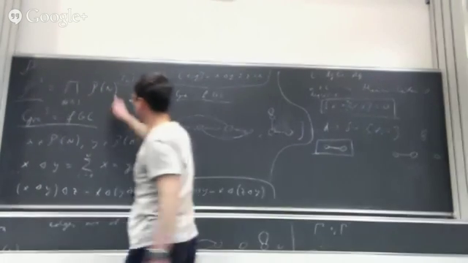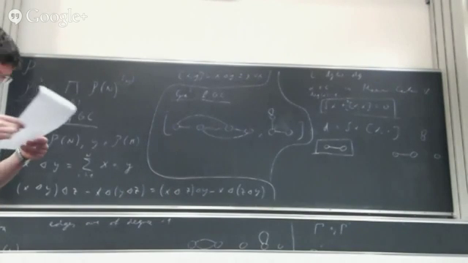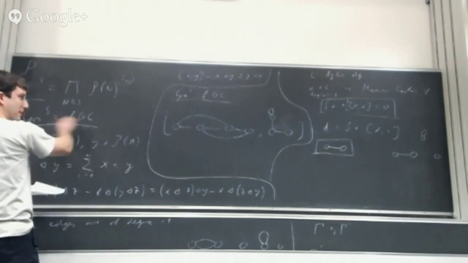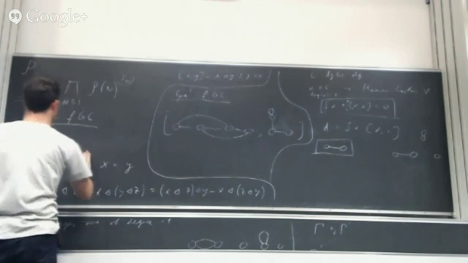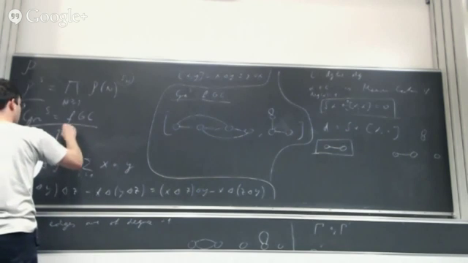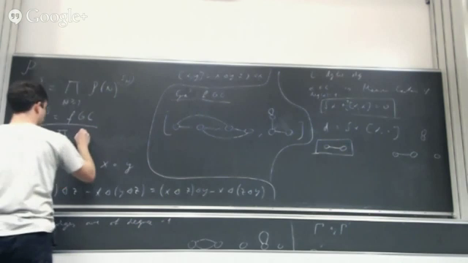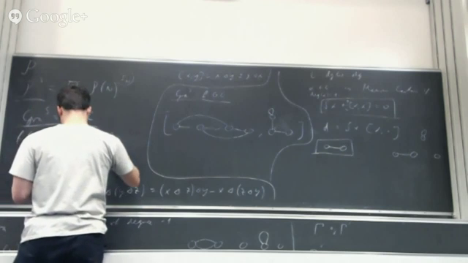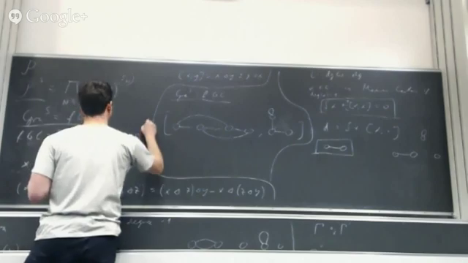So here there are some degree shifts. To be precise, I don't want to lie to you. So this is not a precise definition. So the full graph complex is Gra_n, but shifted by 2, 1 minus n, S^n.